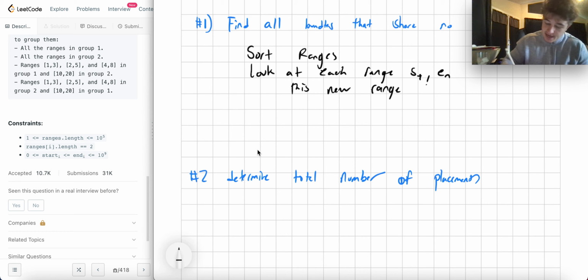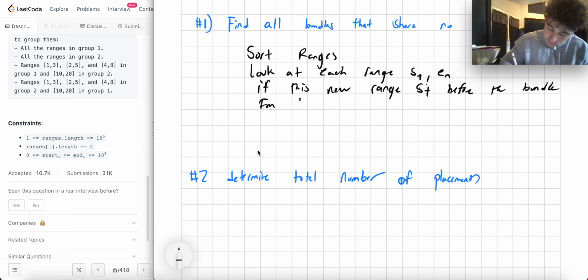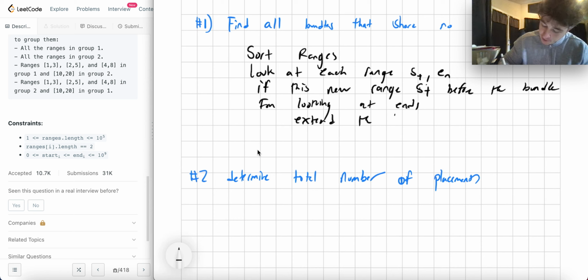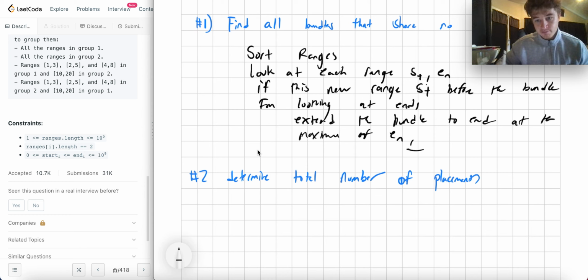I'm going to say if this new range starts before the bundle I'm looking at ends, we're going to extend the bundle to end at the maximum of the end time and the current bundle's end time. Otherwise, start a new bundle.